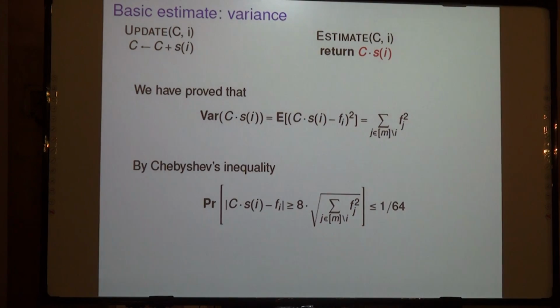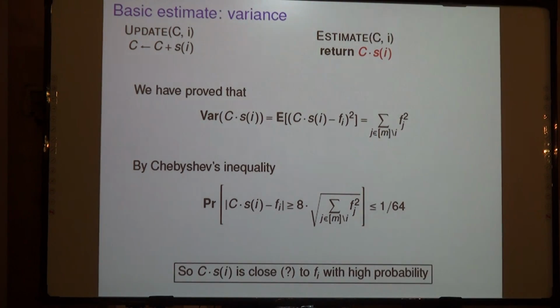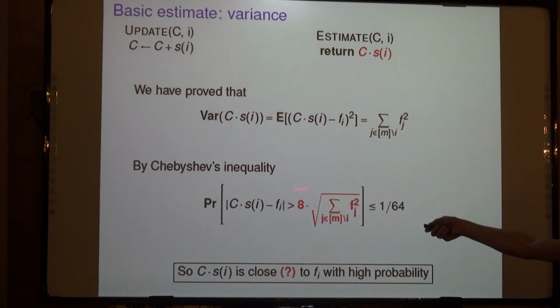So by Chebyshev's inequality, we know that the probability that our estimator deviates from the mean by more than a factor 8 times the standard deviation, which is the square root of the sum of squares of the other frequencies, is at most, say, 1/64. This is not bad. Now, actually, is it? Sorry, how good is this? The question is, we have some kind of a bound, but we know that our estimator for Fi is this close to Fi.